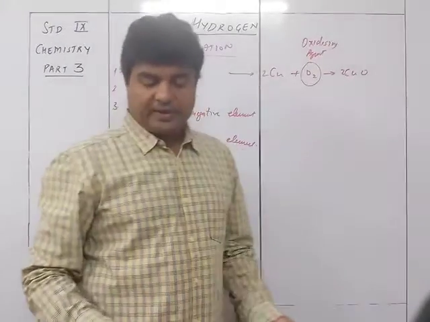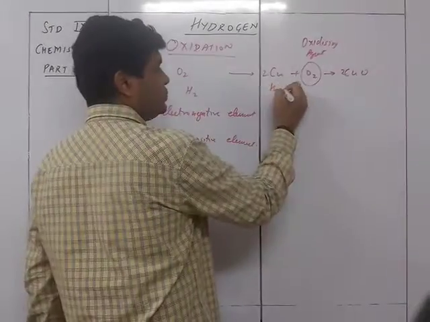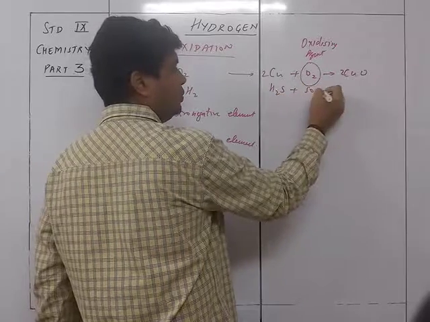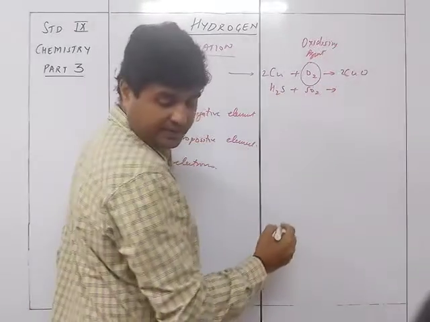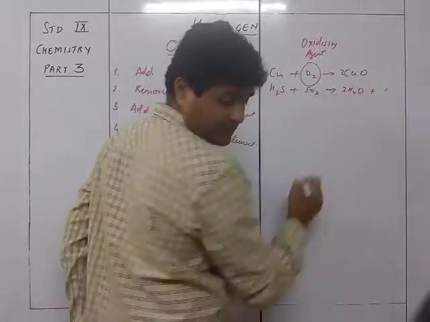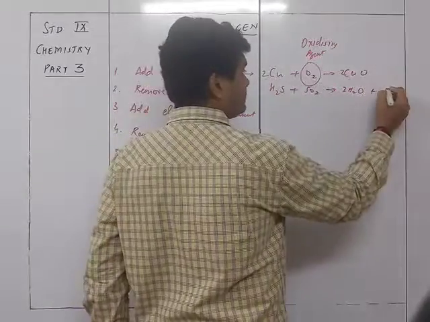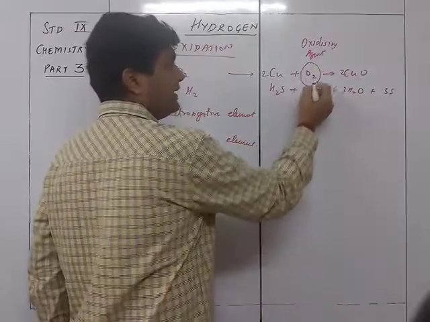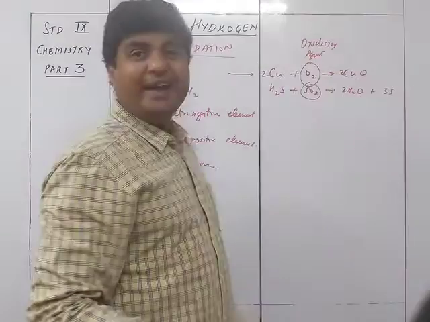So an example is H2S plus SO2 giving 2H2O plus S.